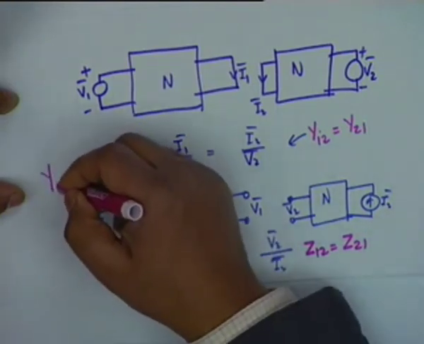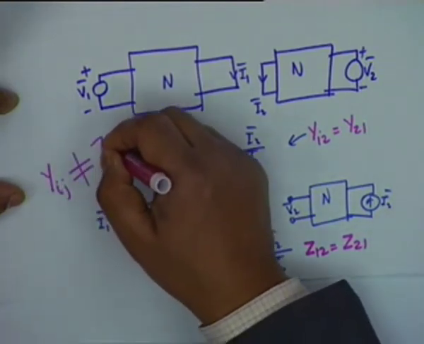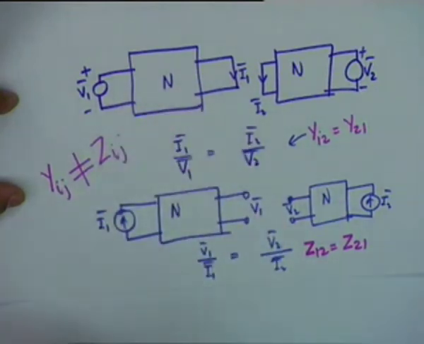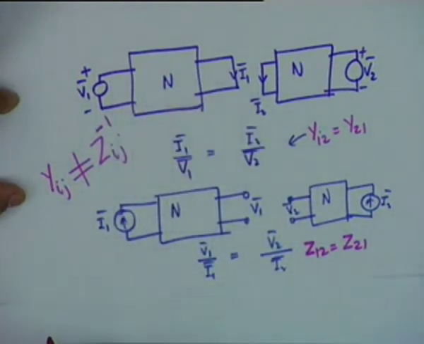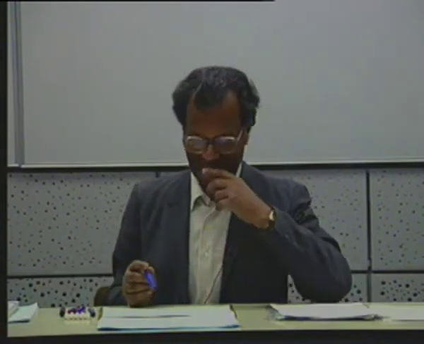One must remember this, that Yij is not equal to Zij, the transfer impedance. This must be remembered, because this is a mistake very often committed even by graduate electrical engineers. So, you should be particularly careful about this.